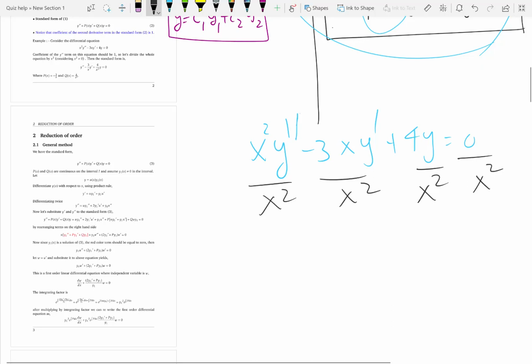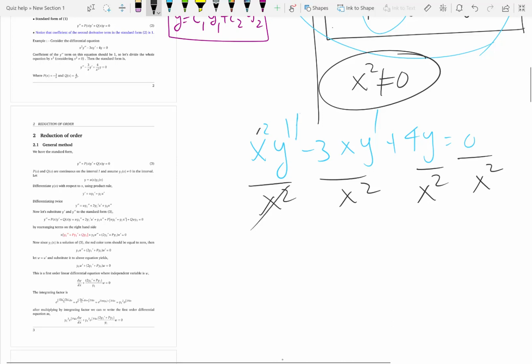so that we get 1 as the coefficient of y double prime. But when you divide by x squared, we should make an important assumption. To be mathematically precise, x squared shouldn't be 0, and we learned that a leading coefficient shouldn't be 0 anyway, because we cannot divide by 0.